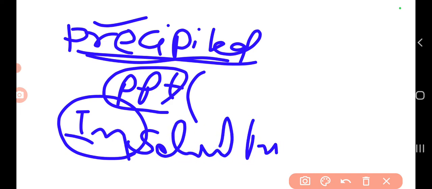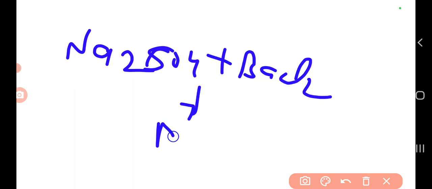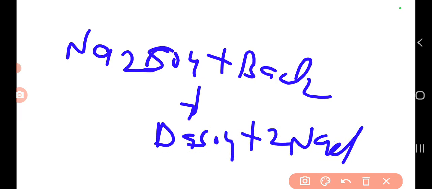So it settles at the bottom of the solution. The example of a precipitate reaction we have already discussed: Na2SO4 and BaCl2 to form BaSO4 plus 2NaCl.